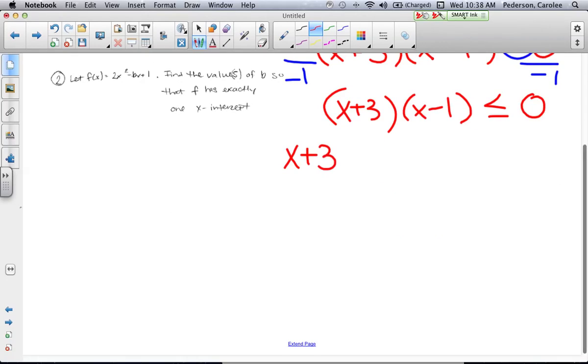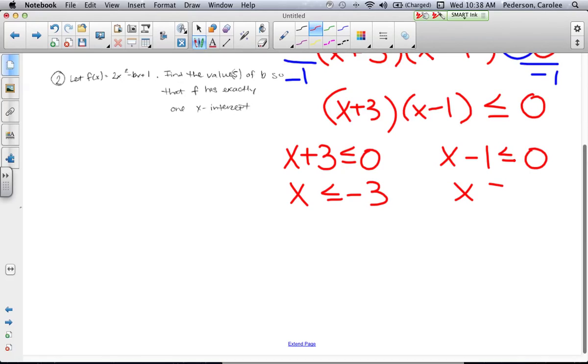So x plus 3 less than or equal to 0, and x minus 1 less than or equal to 0. And then you solve them, so you subtract 3, and then you add 1 to both sides. And you may want to check your solutions here to verify that they are truly, in fact, true to the inequality.